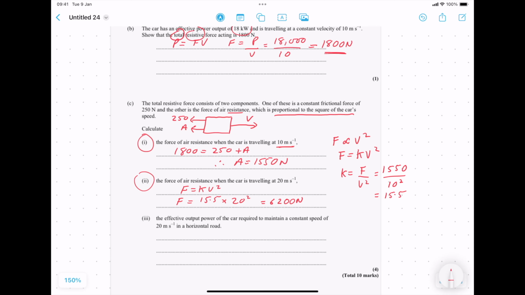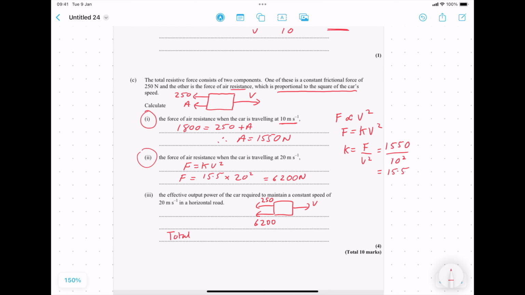Let's do a little diagram. We have the forwards force V, we have the 250 fixed part, and the air resistance at 20 meters per second is 6200. So therefore, the total friction is 6200 plus 250, which gives us 6450.